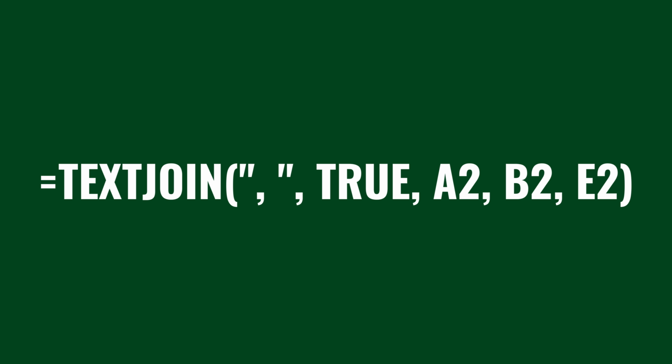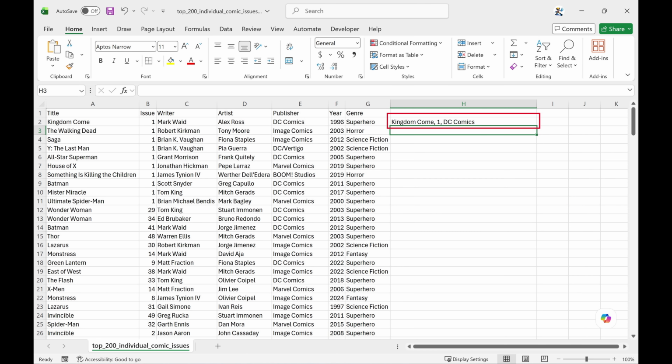For example, you could write your formula to reference the title cell, add a comma, reference the issue number cell, add another comma, and then reference the publisher cell. Textjoin will gracefully string them all together into a clean, readable sentence while automatically placing your chosen delimiter exactly where it belongs.